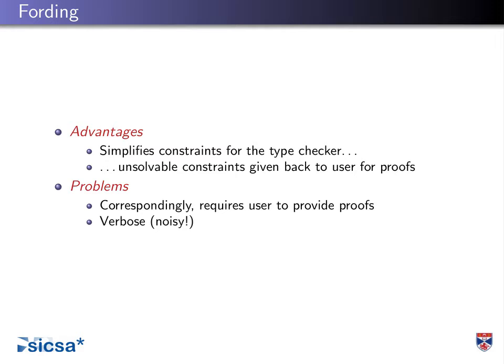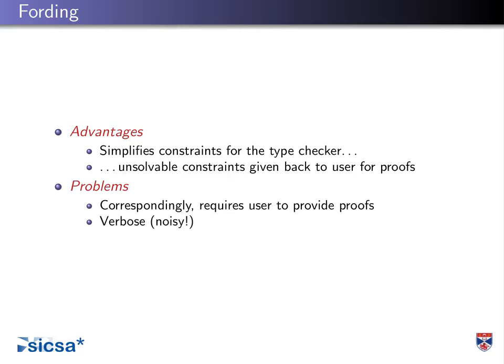So the advantages are that it makes the type checker's job easier. It's not necessarily the case that we want to make the type checker's job easier, because we want the programmer to be doing as little work as possible. On the other hand, this is making it possible to type check things that previously were unsolvable. So unsolvable constraints are given back to the user, who can provide the proofs.